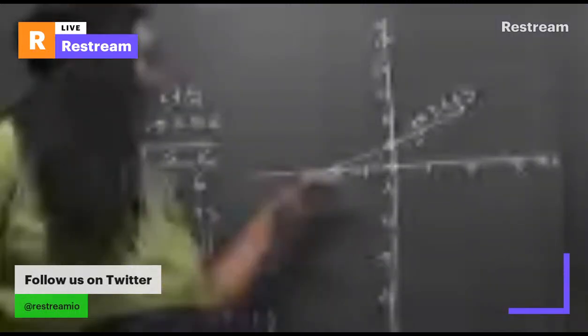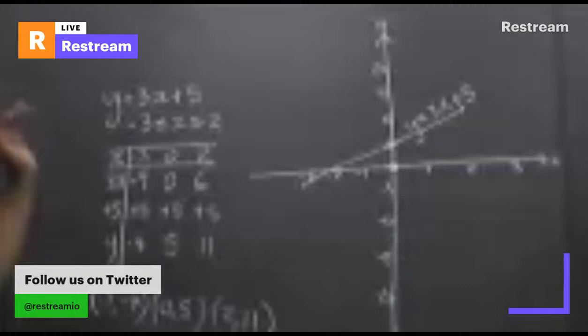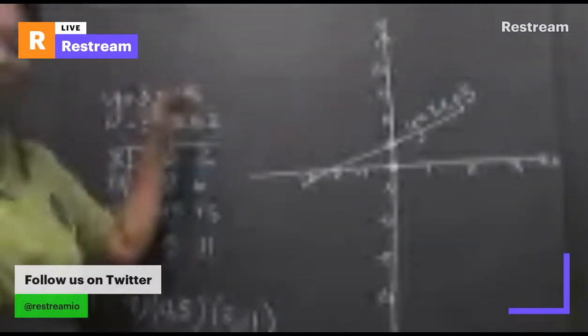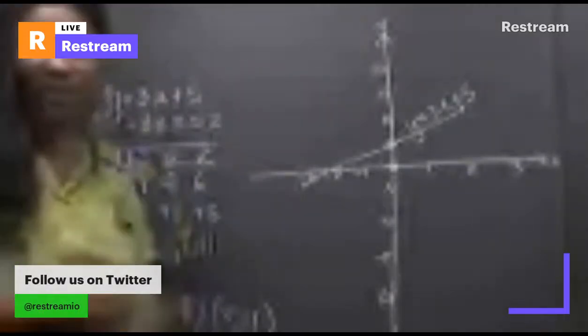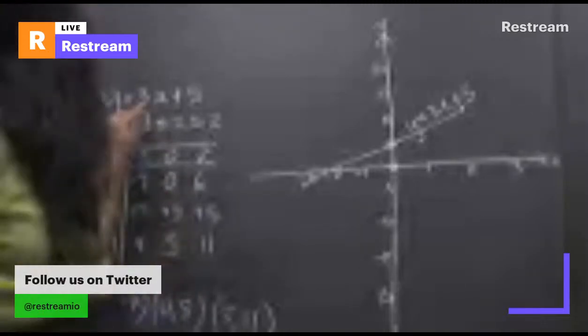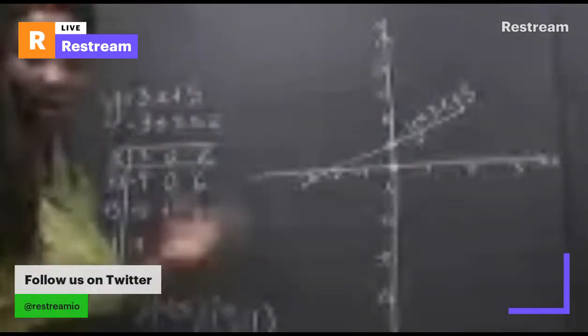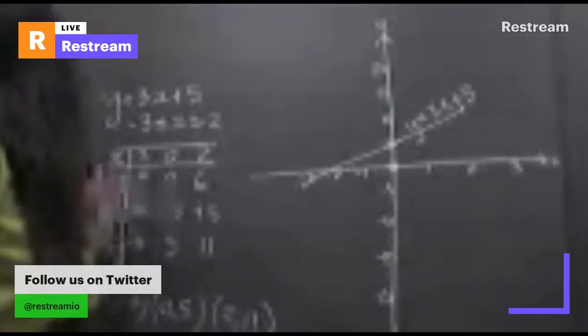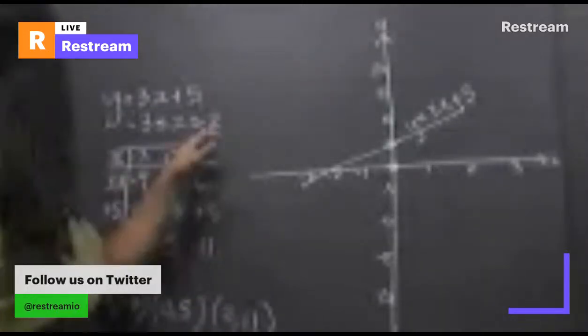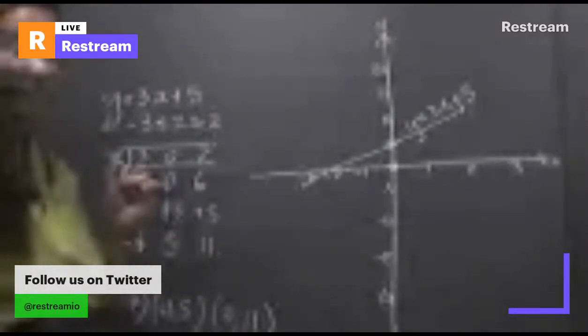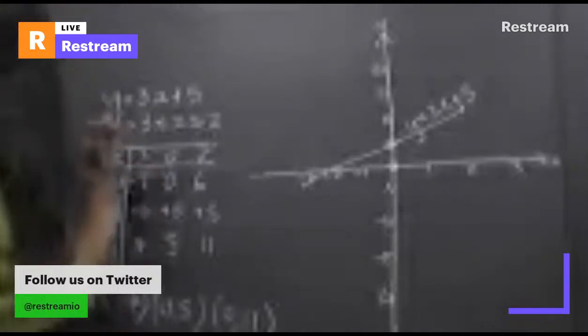So we were given the function or the equation y equals 3x plus 5. It's a linear equation because the highest power is 1, x to the power of 1. The domain is our set of x values. It tells us where x values start and where they stop.